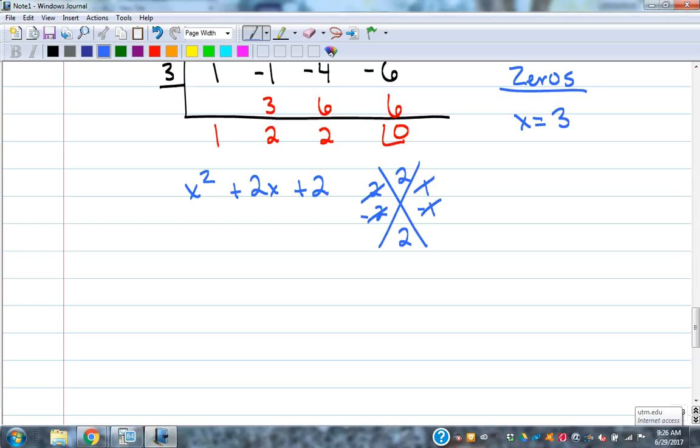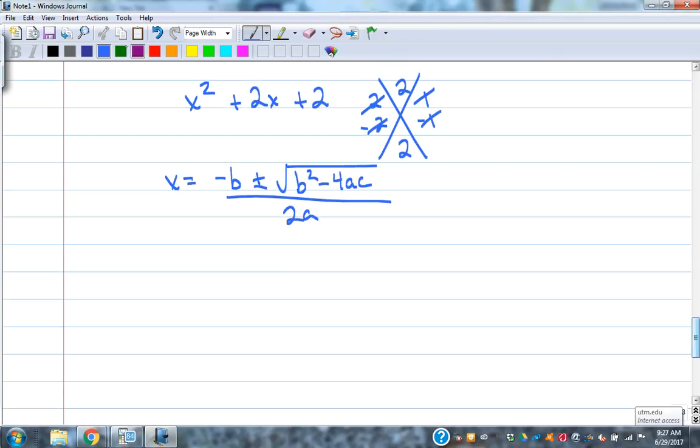It even works if it will factor. Now, that's a great thing. So once I get it to a quadratic, I can use that quadratic formula. Remember, negative b plus or minus square root of b squared minus 4ac divided by 2a. That was the quadratic formula. I can use that for this problem so that I can get the answers, even though it won't factor. Okay, we'll look at one in a minute that does factor all the way and see what we can do with that. But the quadratic formula is awesome because it always works, though.